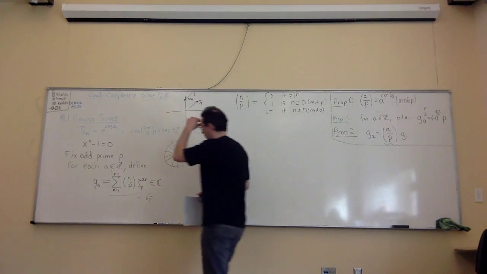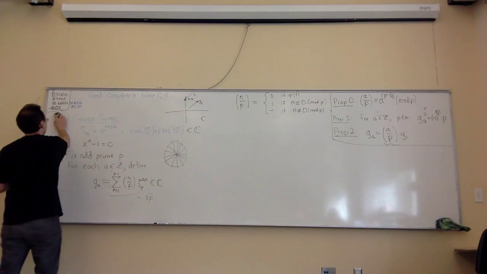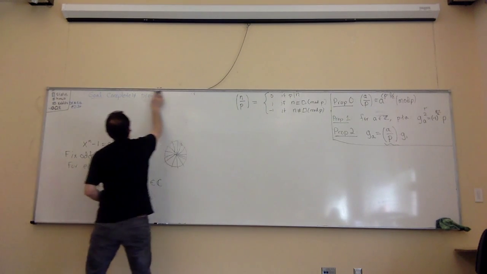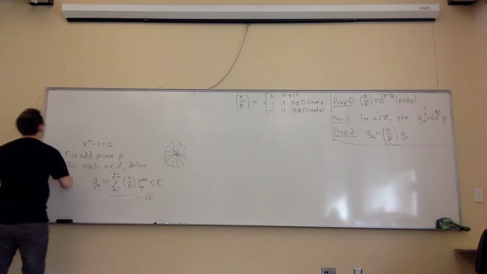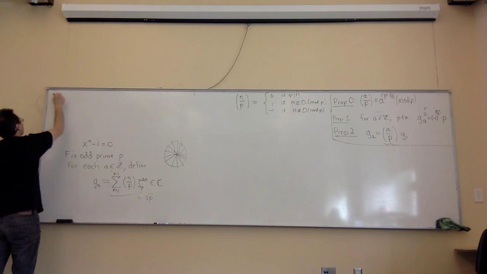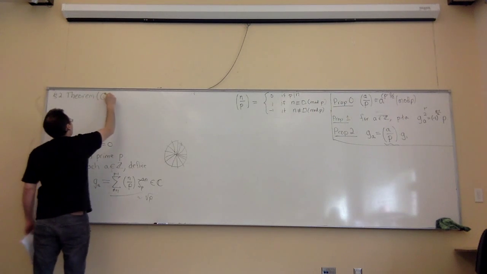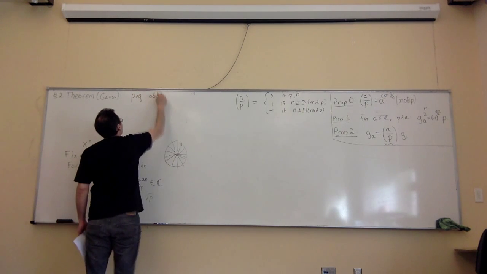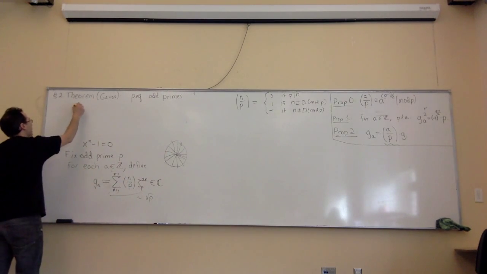Now let me tell you the law of quadratic reciprocity again. Okay, so here's the theorem of Gauss. It says the following: if you have odd primes p and q, say distinct odd primes, then here's the amazing thing that happens.